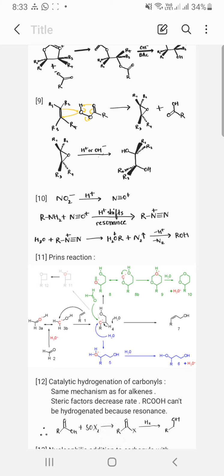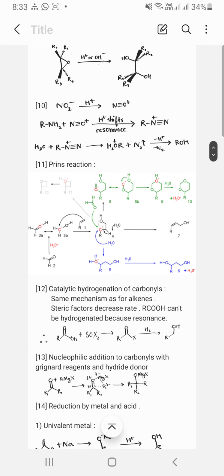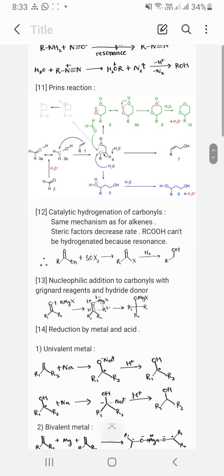Fine, diazonium salt, and that diazonium salt can be hydrolyzed as well. So that will give us an alcohol. So much work just to create an alcohol. That's like, why? Fine. Prins reaction, not in syllabus, I guess. So yeah, skip that.